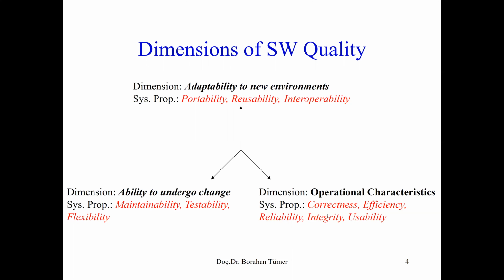The system properties correctness, efficiency, reliability, integrity, and usability, on the other hand, define the operational capabilities of the software product. From measuring correctness, efficiency, reliability, integrity, and usability of the software product, we can say how its operational characteristics are built.